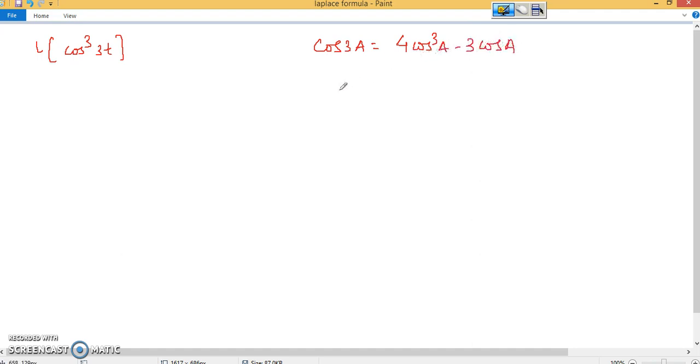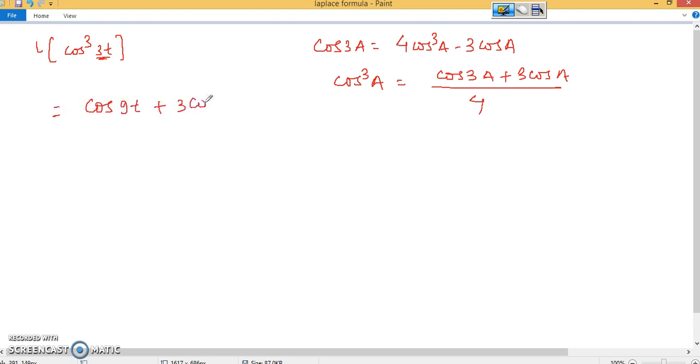So here cos cubed a is equal to cos 3a plus 3 cos of a divided by 4. So with the same formula we can use it, and in the place of a is here 3t. So we can write here cos of 9t plus 3 cos of 3t divided by 4.